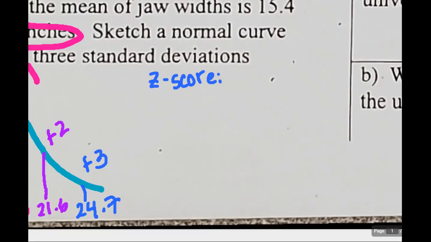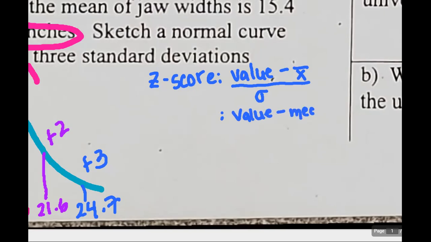So you're going to take your value, subtract it from the mean to see how far off it is, and then divide it by the standard deviation. Let me write this out in words: this is the value minus the mean divided by the standard deviation.